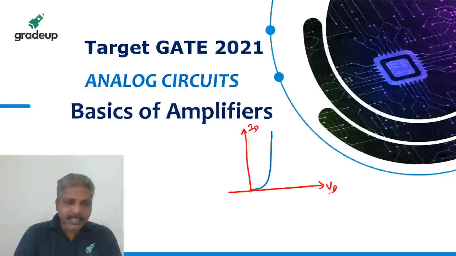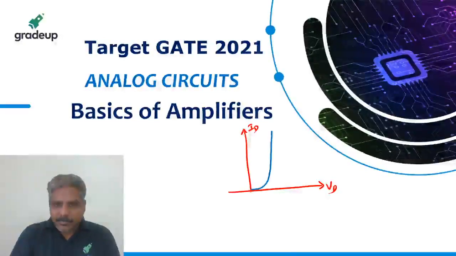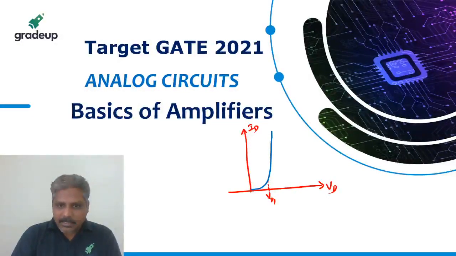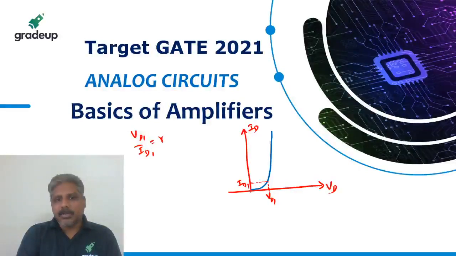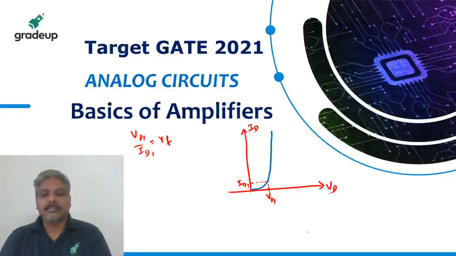Now if I take this particular voltage, let's say VD1, correspondingly this is the current, which I call ID1. So VD1 by ID1 is simply called the forward resistance.